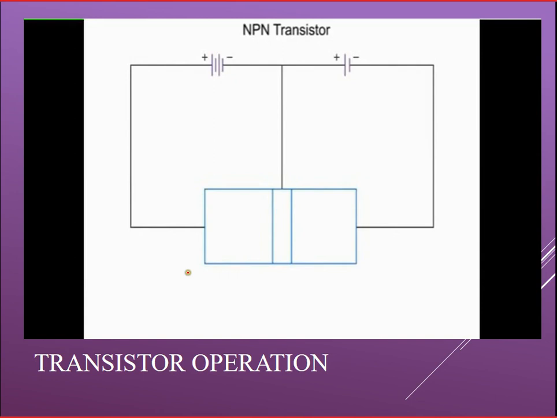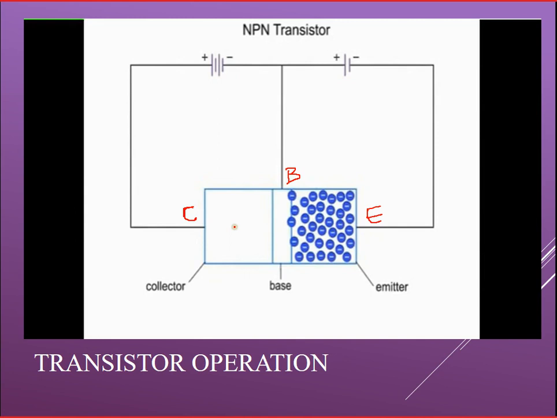It has more electrons, due to heavy doping. And this is your base. The base is lightly doped and the size of the base should be very small. And this is your collector. It's moderately doped and is used to collect the charges. And this is the NPN transistor. So the majority carriers will be electrons in the emitter as well as the collector.